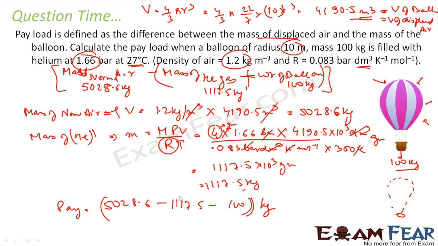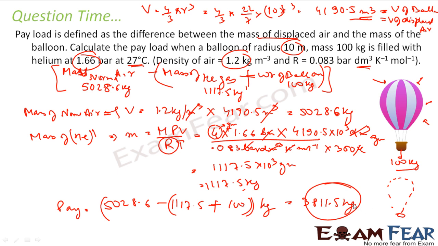Right? Or you can do like this also. Kg. So you solve this, you get 3811.5 kg. And since this is positive, it will fly, it will go up. Correct? And that is the payload of this balloon.